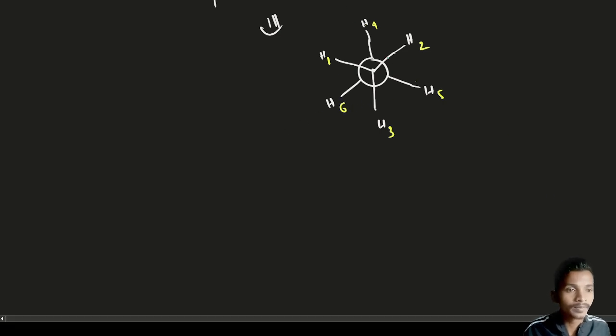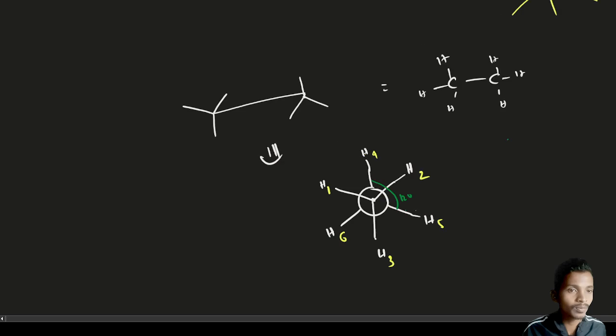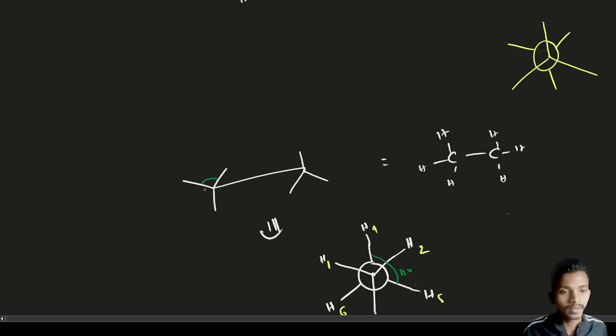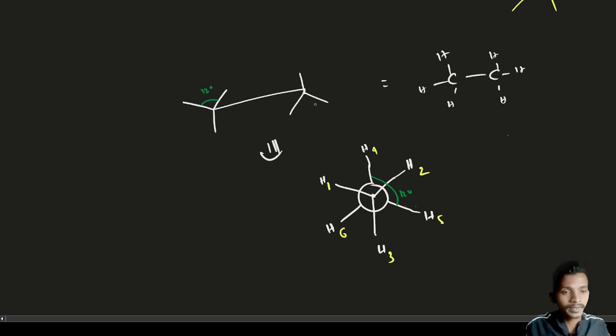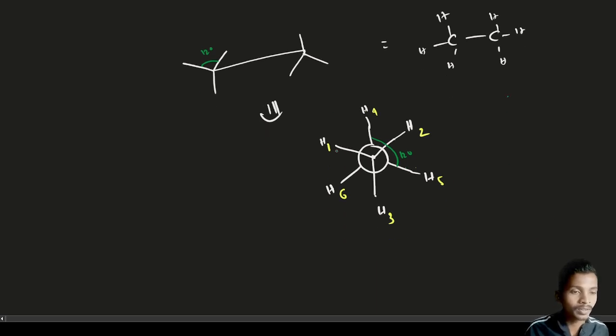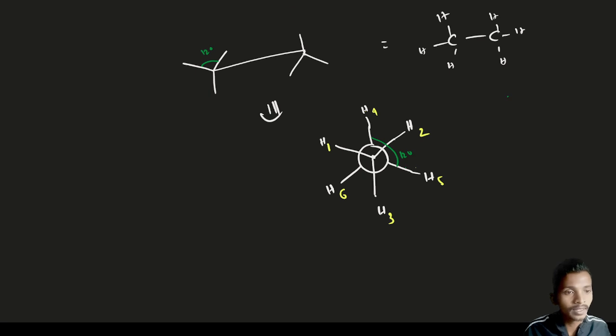The angle between one and the next is 120 degrees, because any molecule of this type has 120 degrees between its edges. Now in the Newman projection, this is the dihedral plane, because it bisects these angles, and this angle is 60 degrees, because it is half of it.